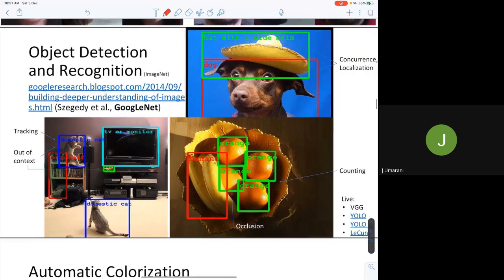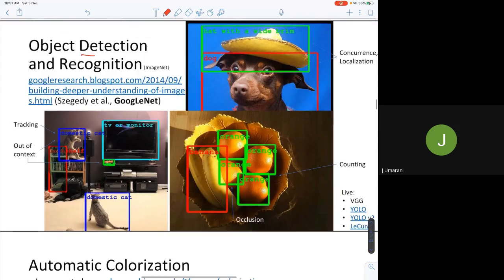Which means that given any image like this, I need to come up with: okay, this is some domestic cat, this is the TV monitor, and so on. Or if you give me an image like this, I can even tell you where the banana is, where the orange is, where the different oranges are, and you can count that there are 4 oranges and 2 bananas.